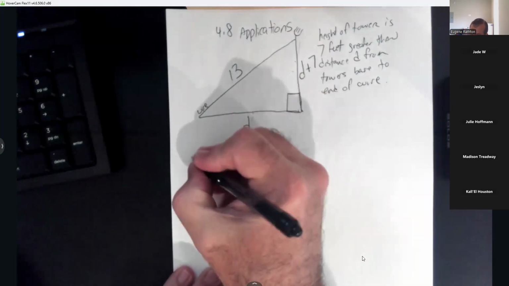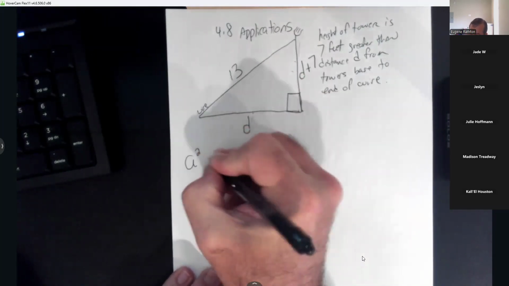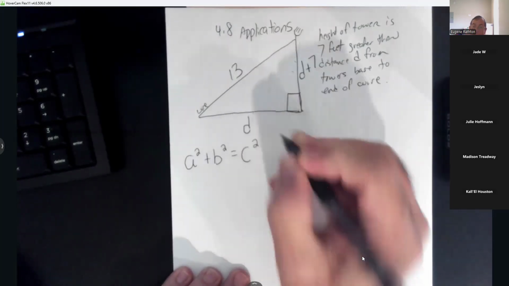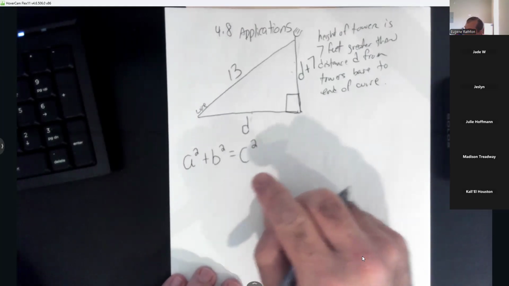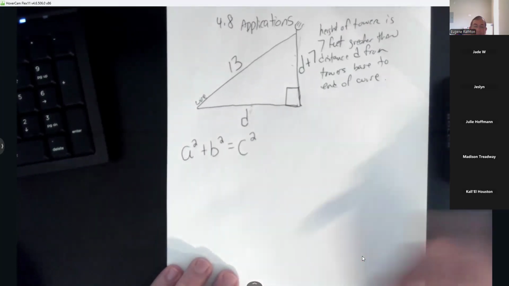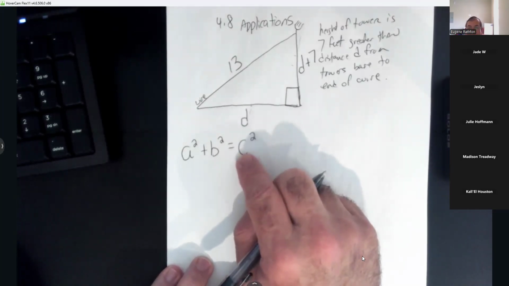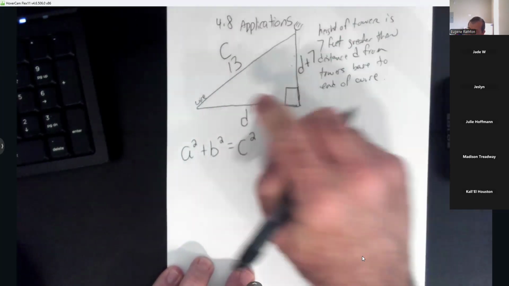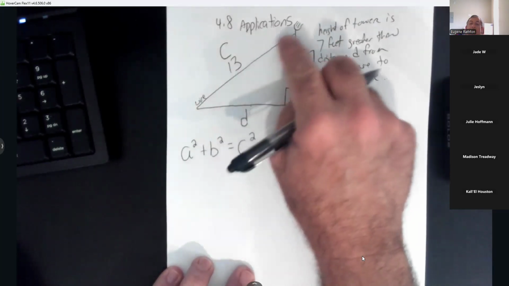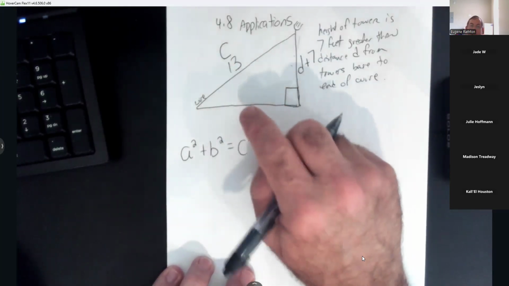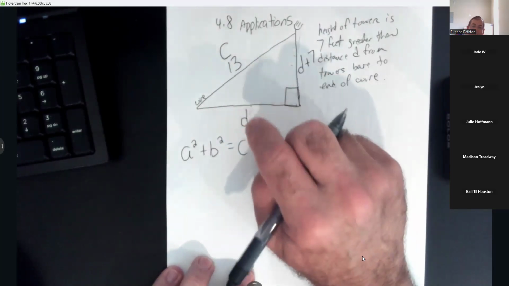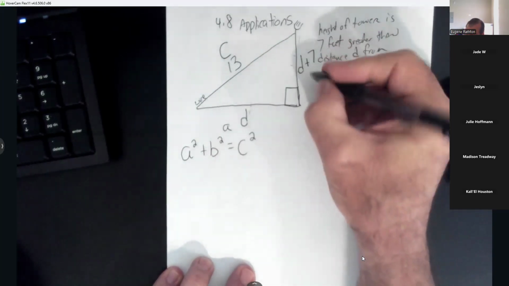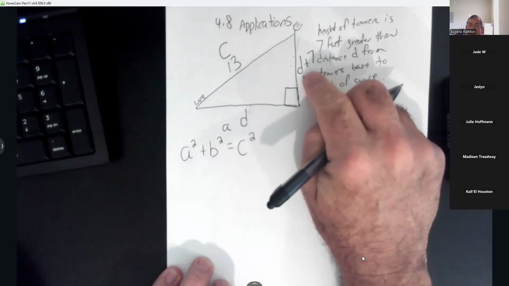So to solve this, we're going to use a squared plus b squared equals c squared. Now it's a little bit picky. The c side has to be the longest side. No matter what, c will be what we call the hypotenuse every time. Now a and b, it doesn't matter which one's a, which one's b. So I'll let this one be a for me, and then this side, I'll fill in for b.